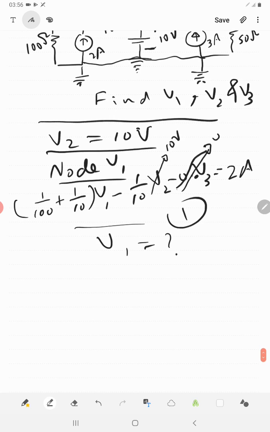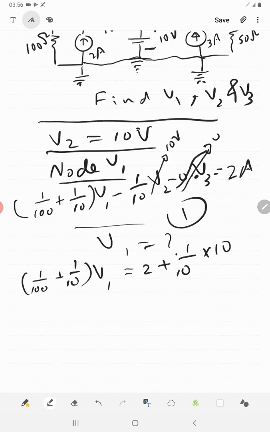If we do it this way, we say simply 1 over 100 plus 1 over 10 times V1 equal to minus what will go there plus 1 over 10 times 10, which is equal to 3. Find V1 equal what.